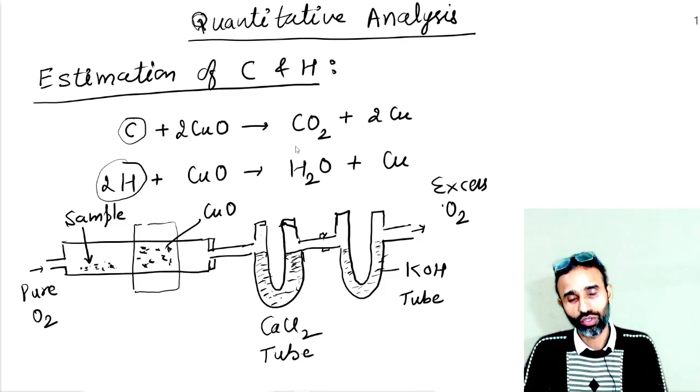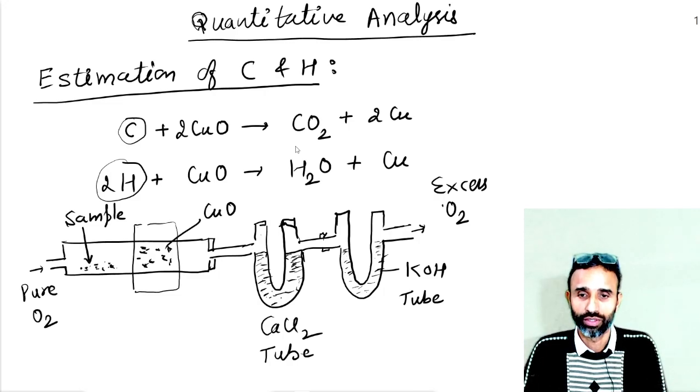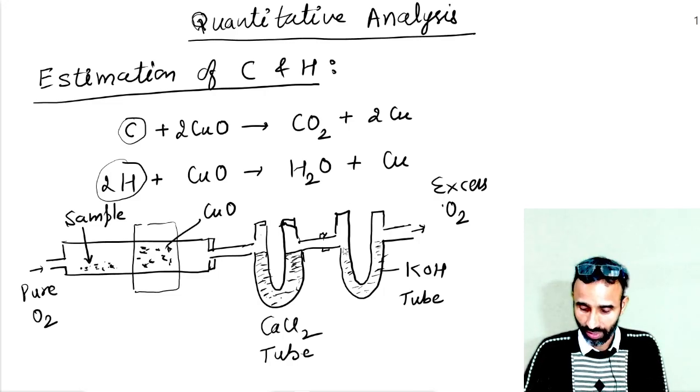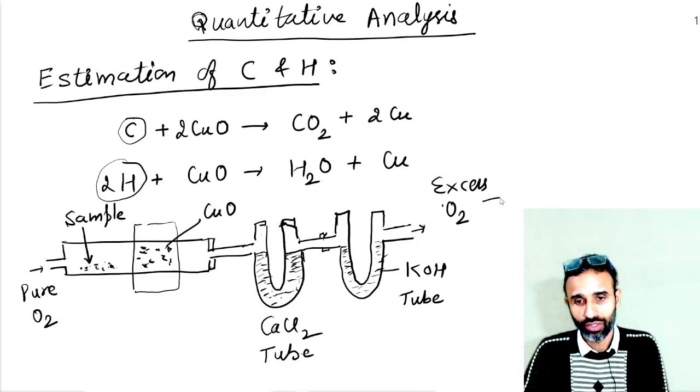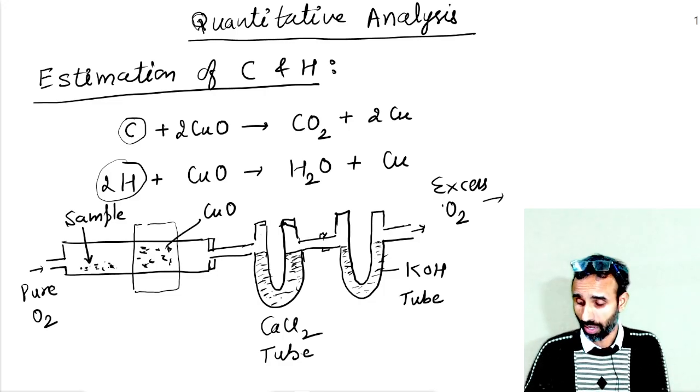There is no chance of formation of CO, etc. Right? So in this way, excess oxygen goes out and we get the mass of water and mass of carbon dioxide.